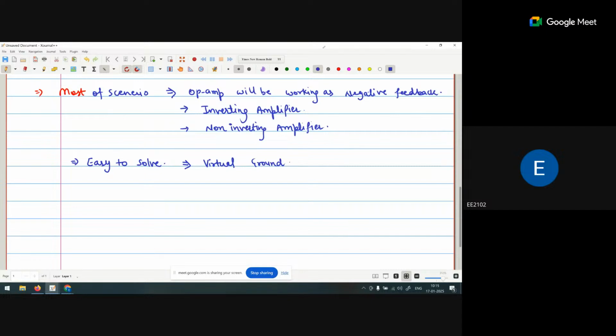So there are two terms: one is the virtual ground and the second is the practical ground.